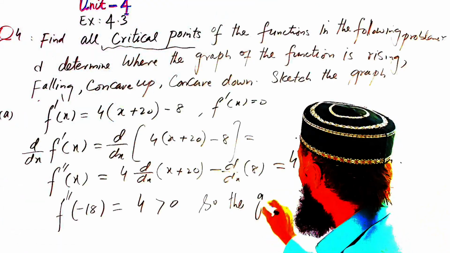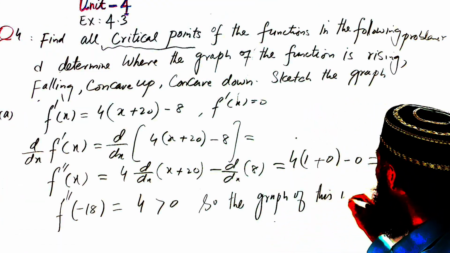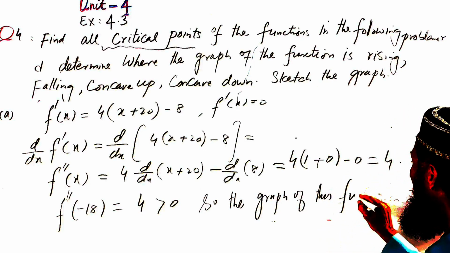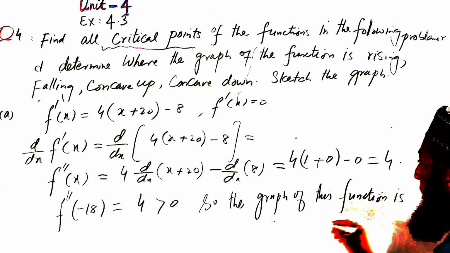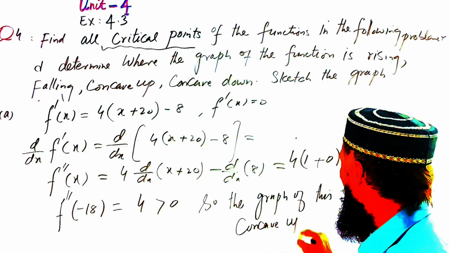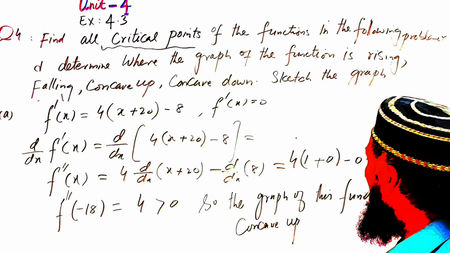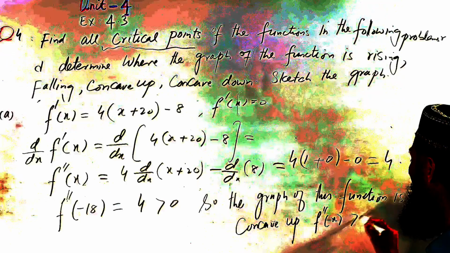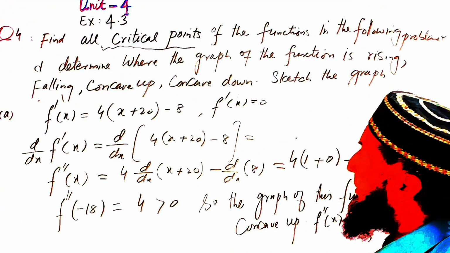So the graph of this function is concave upward, concave up. It means that the second derivative of this function, f double dash x, is greater than 0. So here the graph is concave upward.